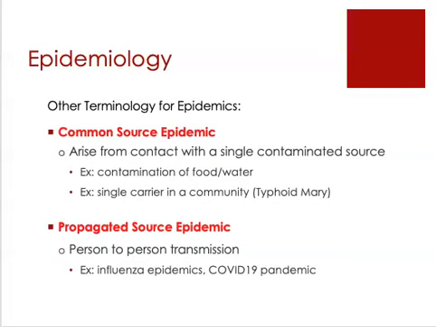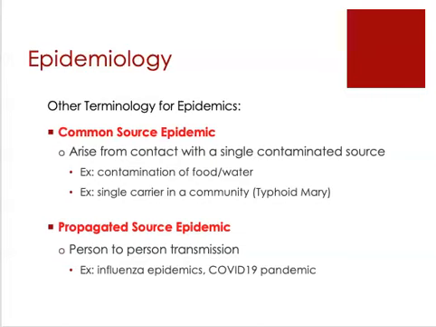She would then go on and find another job in another house and cook for them and pass along typhoid to them, and so on until a public health official realized that Mary was the common denominator for all of these outbreaks. So common source epidemics arise from a single contaminated source, whether that is an inanimate source like food or water, or a living source like Typhoid Mary.